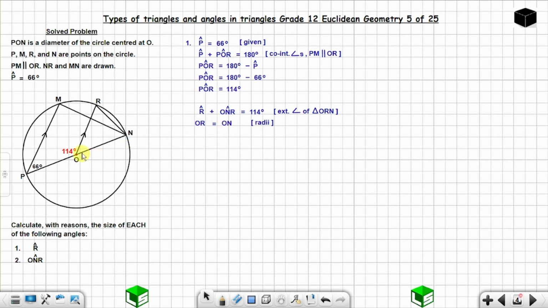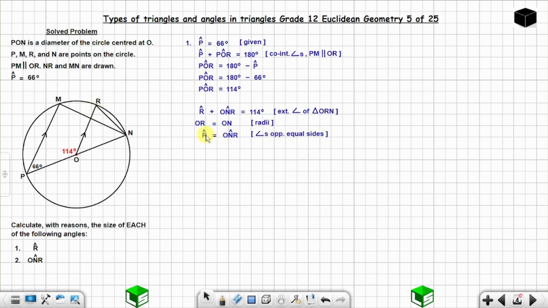So the two sides of this triangle are equal to each other. Automatically, the angles opposite the equal sides are equal to each other. So the angle R is equal to the angle ONR, because these are angles opposite equal sides. The reason is angles opposite equal sides.